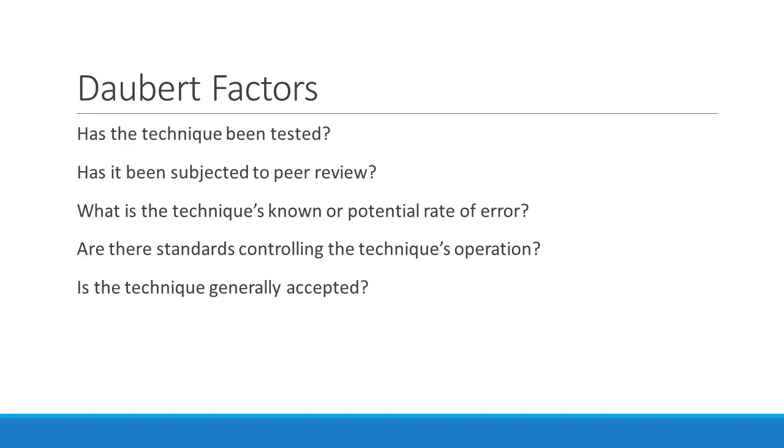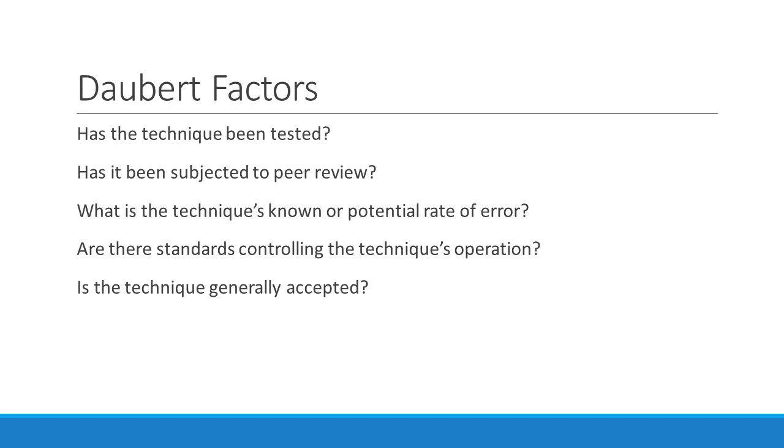And for this purpose, I'm going to focus on the factors that arose in a U.S. Supreme Court case, Daubert versus Merrell Dow Pharmaceuticals. I believe that was in 1992 or 3 or something like that. In this case, they challenged the use of the old Frye test, a Supreme Court decision rendered in the 1920s that essentially suggested that only techniques should be used by experts that are generally accepted by the scientific and professional community.